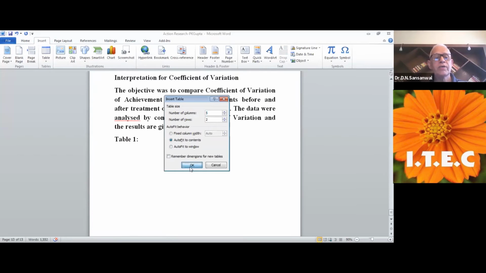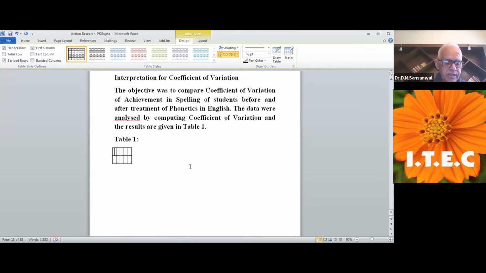Okay, so here I say testing. Then here I say the CV, coefficient of variation.